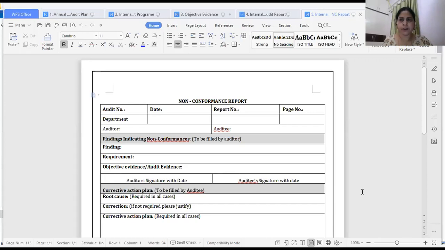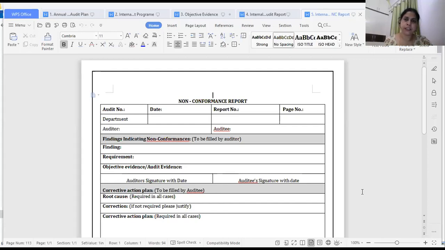Non-conformance will be written when your reports or your observations are turning towards risk. When it is turning towards risk, then you convert that into a non-conformance first. It's an alert to the process owner as well as to the management.